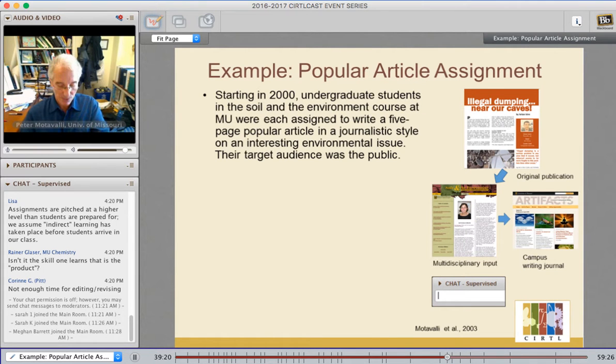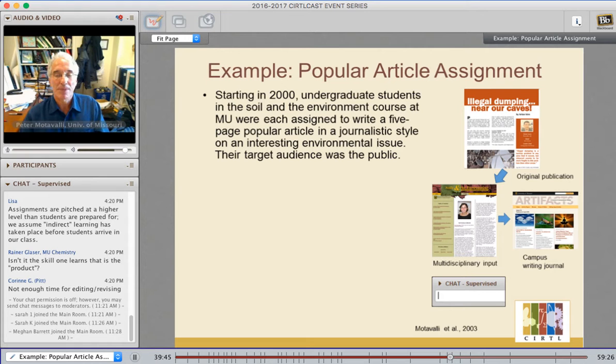The next one I wanted to talk a little bit about is a popular article assignment that I developed. About 2000, I have a course called Soils in the Environment, and I wanted students to have the opportunity to write in a journalistic style as part of the different styles that they're exposed to.